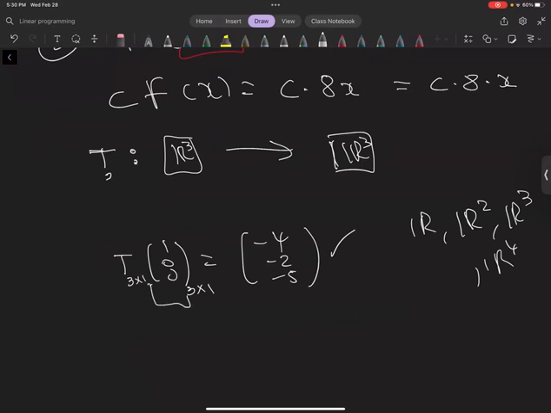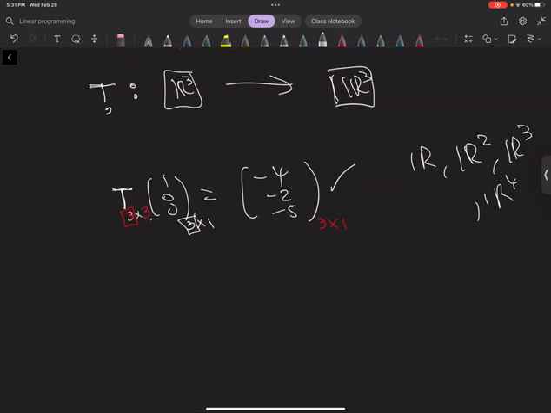So this number has to be the same as this one, so this needs to be a 3. And the outcome is a 3 by 1, so the outcome has to be the same here. So this is to be a 3. So the matrix is a 3 by 3, but that's something you learn with practice.